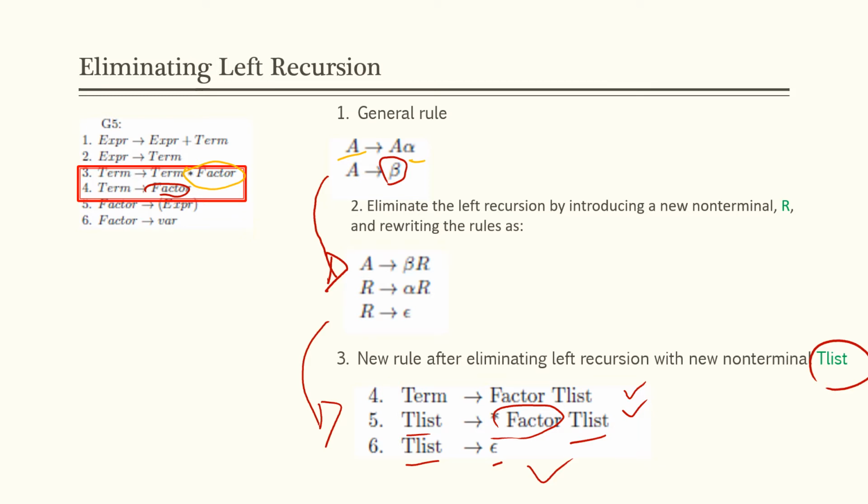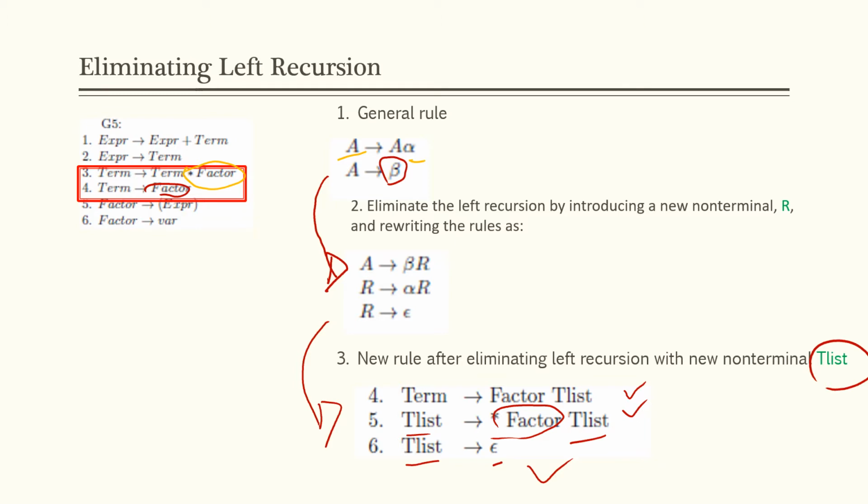We do it for the first, second, third, and fourth rules because if you look into the rules, they have recursion. Recursive means that the term will be looping. They call the same non-terminal again and again.